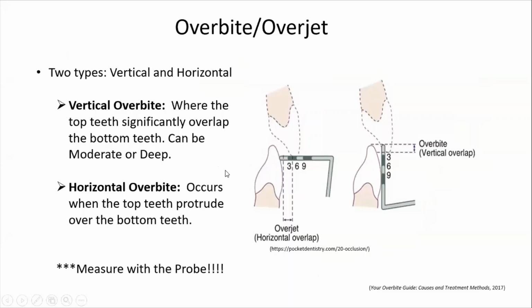A vertical overbite is where the top teeth are significantly overlapping the bottom teeth. This is moderate or deep. You can see in the picture, this is how you hold the probe. You're going to hold the probe vertically and take your measurement. When you're measuring a horizontal overjet, this is when the teeth are protruding out and over the bottom teeth, and you're going to hold your probe horizontally and take your measurement that way.